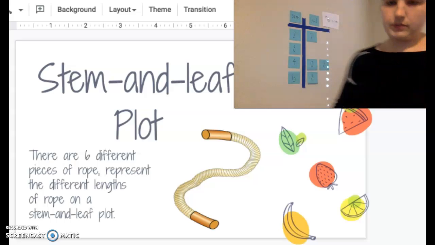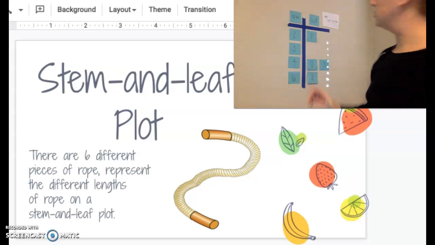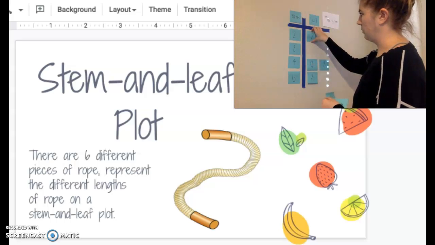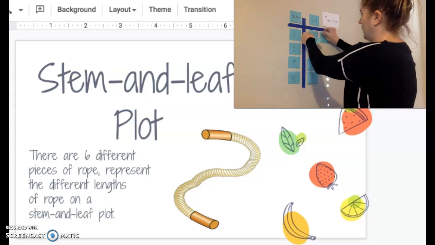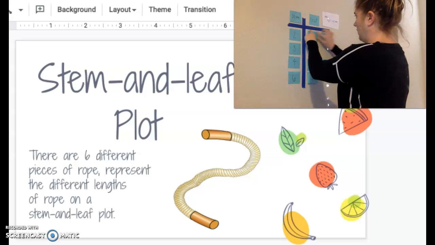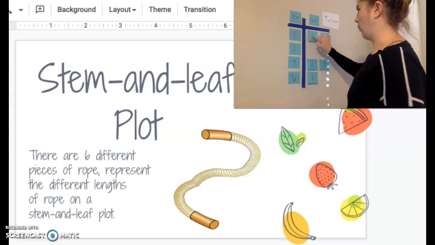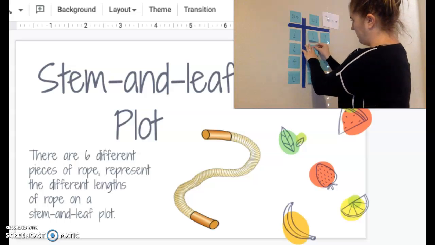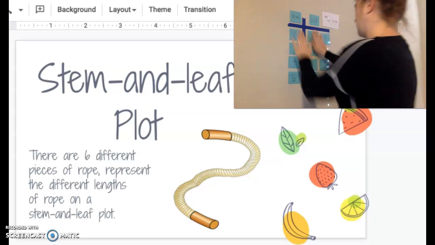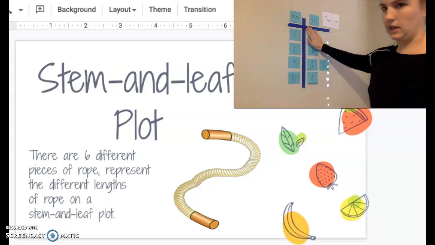Last but not least, we have 2.1. We're going to have to do the same thing on the 2 as we did on the 4. We're going to move over the 7, then we're going to put the 1 so that they're in ascending order, and now we have 2.1 feet. This is how you represent data on a stem and leaf plot.